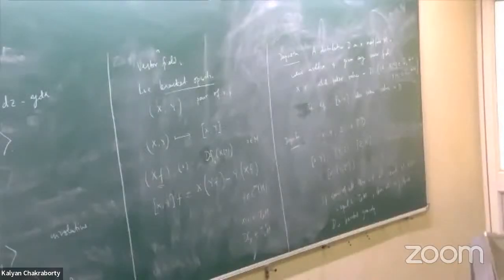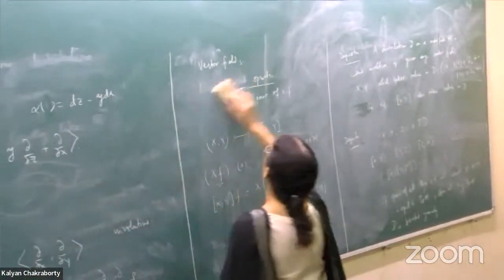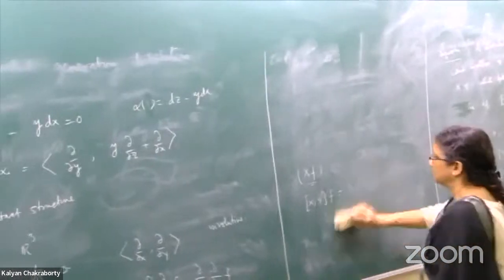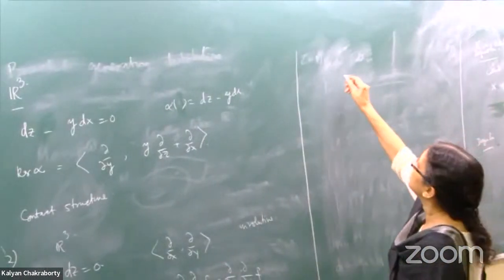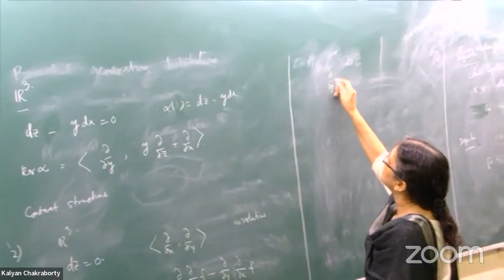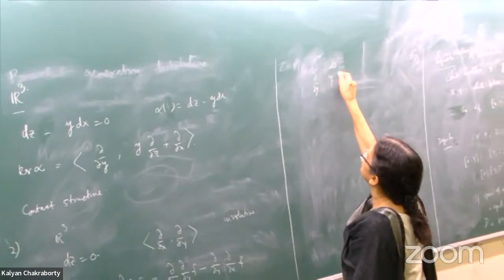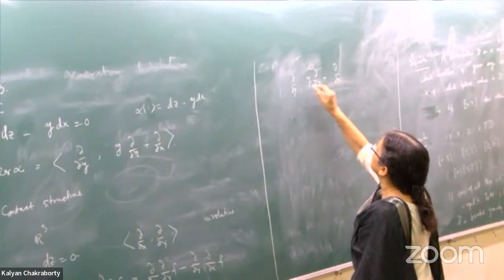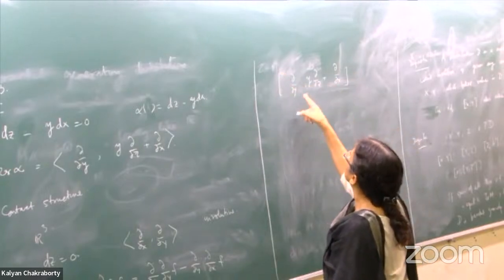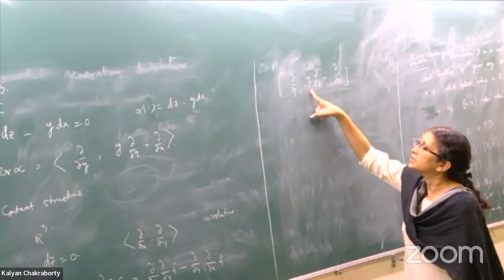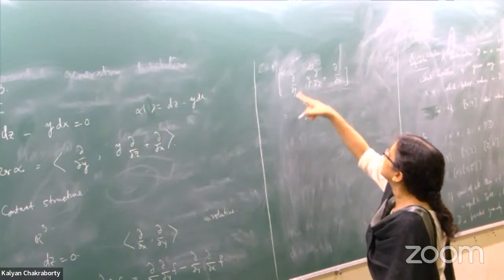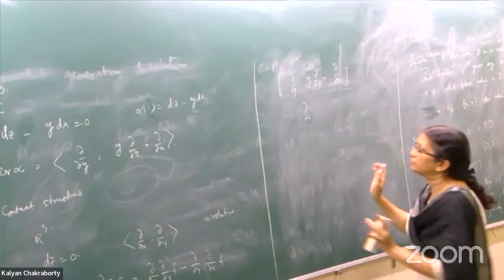here, if I take the Lie brackets of this, y del del z plus del del x. So del del y operates on y, so this would be del del z, and del del x, del del y, del del y, that will cancel.